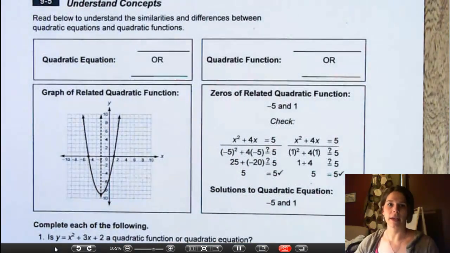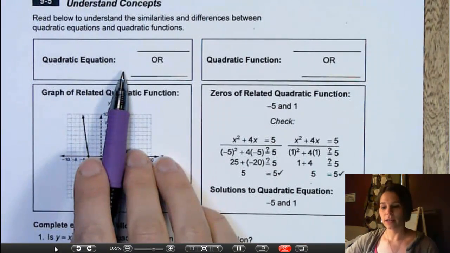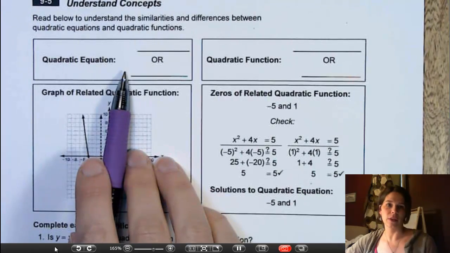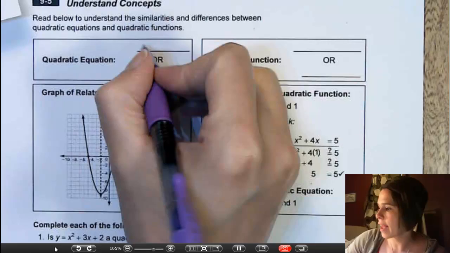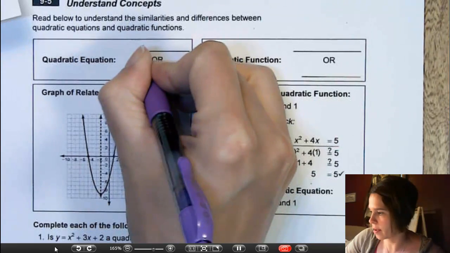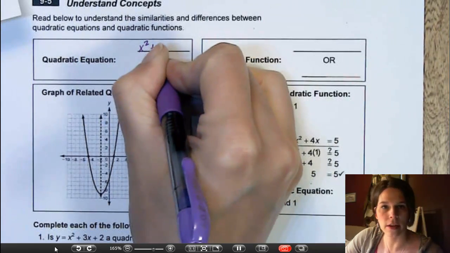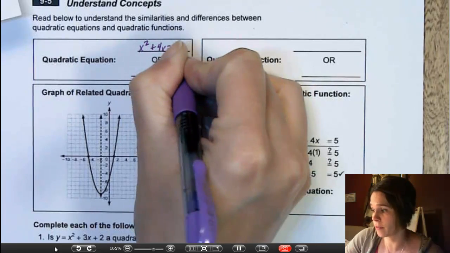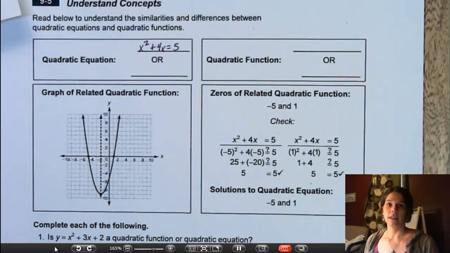It comes more into play in higher level math, so we do need to talk about it. So a quadratic equation is just simply written a little bit differently than a quadratic function. So I could have any type of quadratic, x squared plus 4x equals 5. I don't have a y value in there, and that's what makes it an equation.